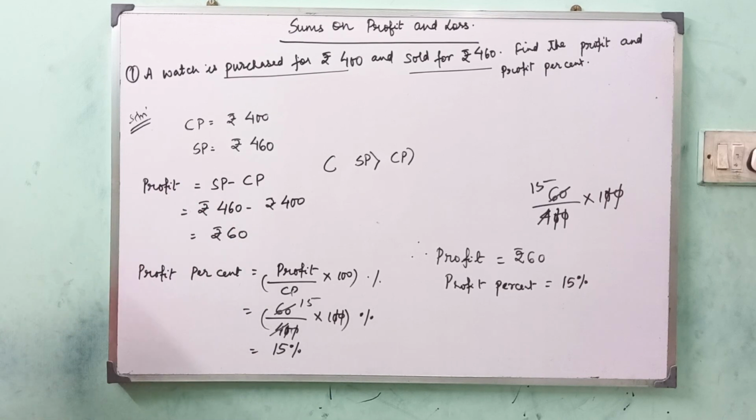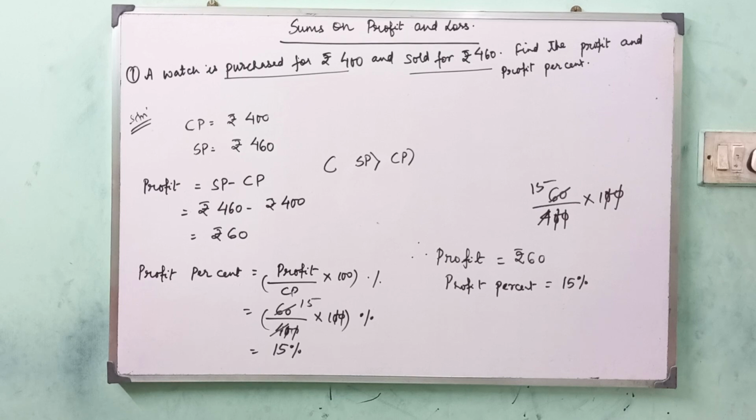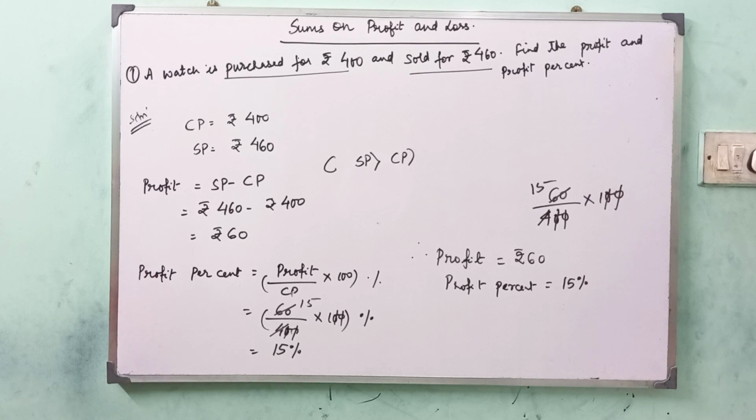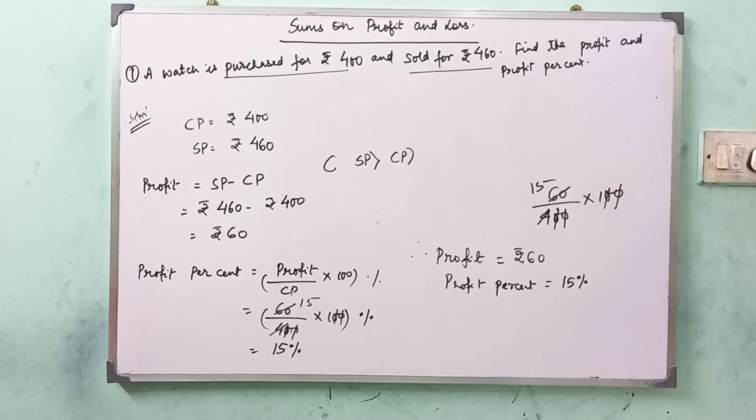So profit is equal to SP minus CP. So rupees 460 minus rupees 400, that is rupees 60, is your profit. Now profit percentage is what? We have learned the formula. Please refer to the previous video in order to know the list of formulas that are based on this chapter. So profit percentage is profit by the cost price into 100%.